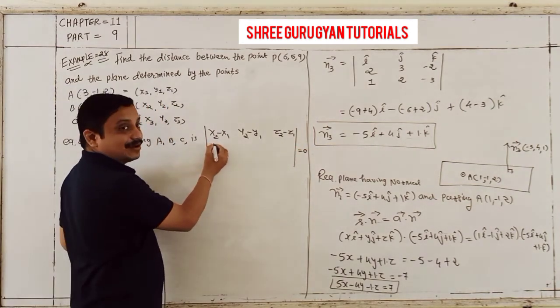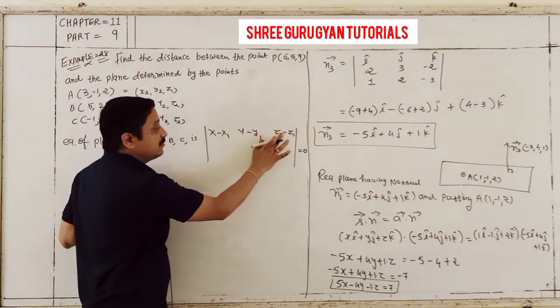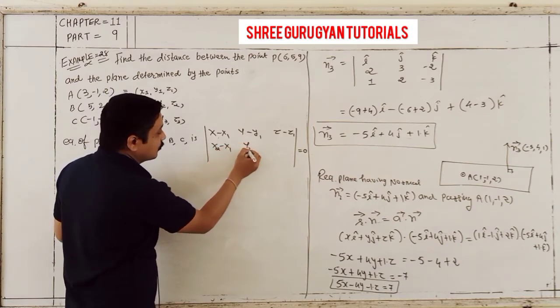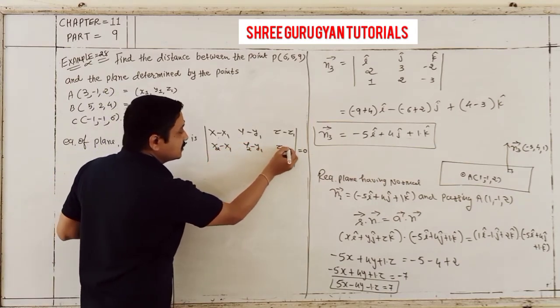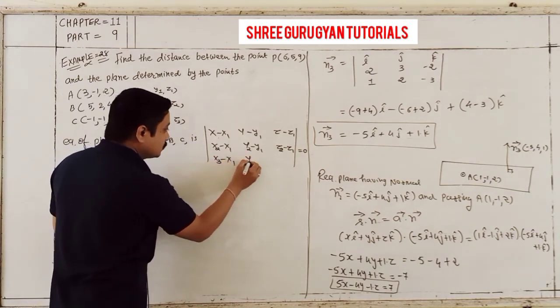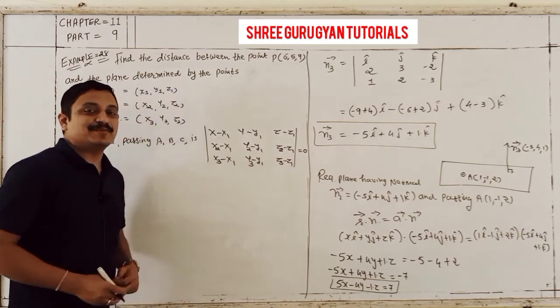Sorry, I wrote it wrong. In the first line, x minus x1, y minus y1, z minus z1. In the second line, x2 minus x1, y2 minus y1, z2 minus z1. Last, x3 minus x1, y3 minus y1, and z3 minus z1.